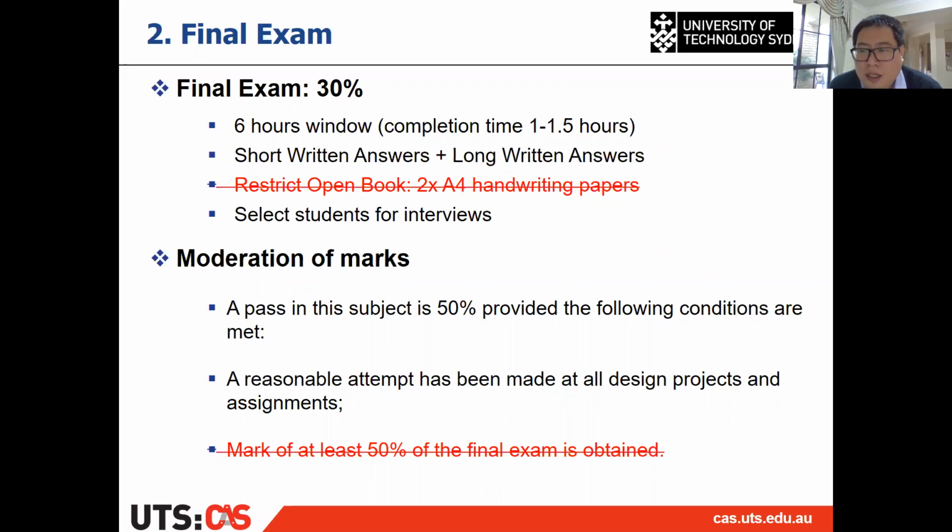At the time we start the final exam, you can download the question paper from UTS Online, answer the questions, take pictures or scans, and upload them to UTS Online. All right.